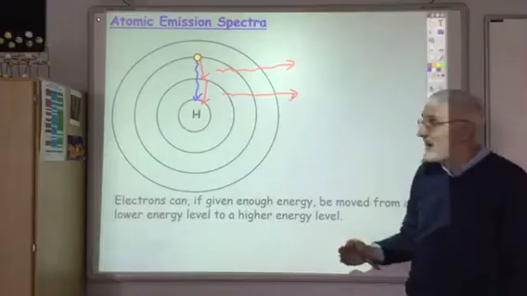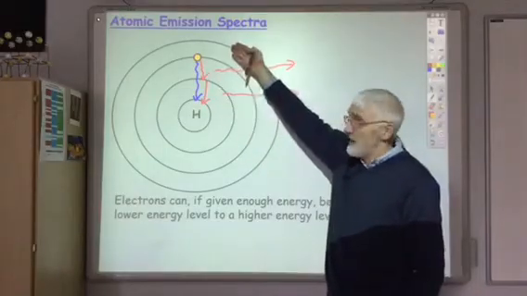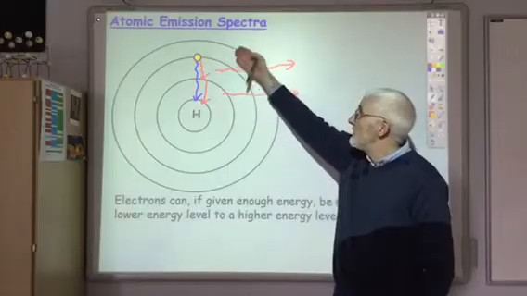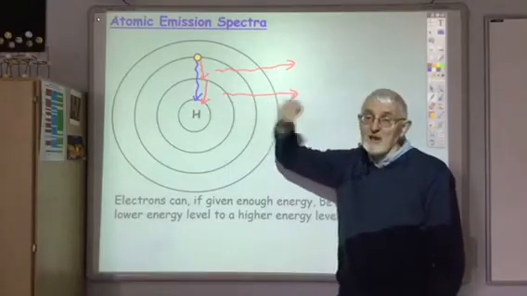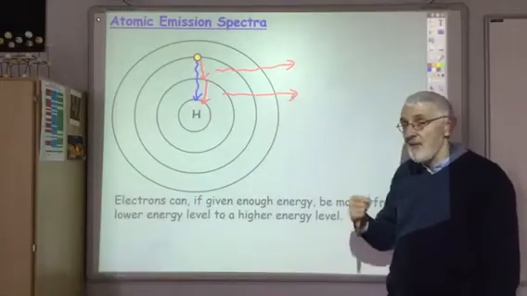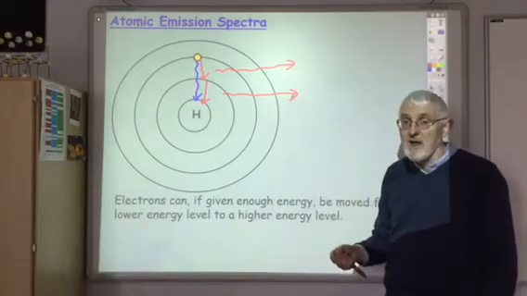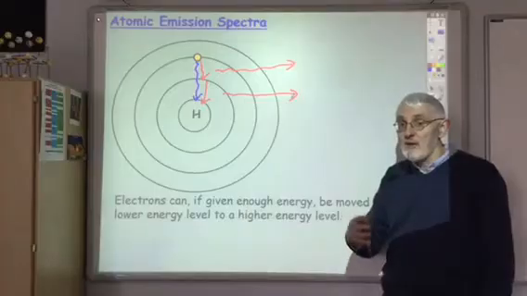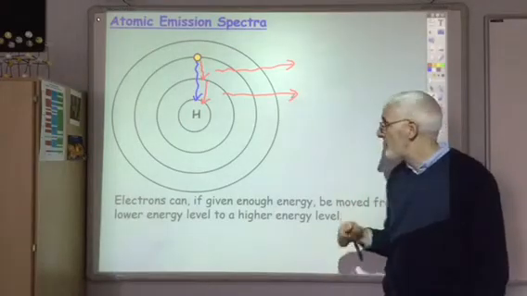And it gets more complicated if you've excited the electron up into the fourth energy level, you can get loads of different transitions. So even for a simple atom like hydrogen, if you put it into a flame, there will be loads of different types of electromagnetic radiation being given off.